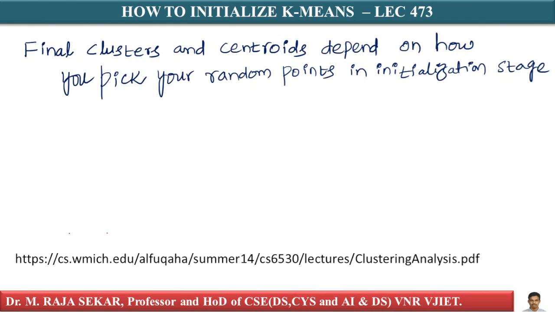We will see some examples with toy data sets, on how choosing a different set of random points results in completely different clusters. This is the problem random initialization has: an initialization sensitivity problem.